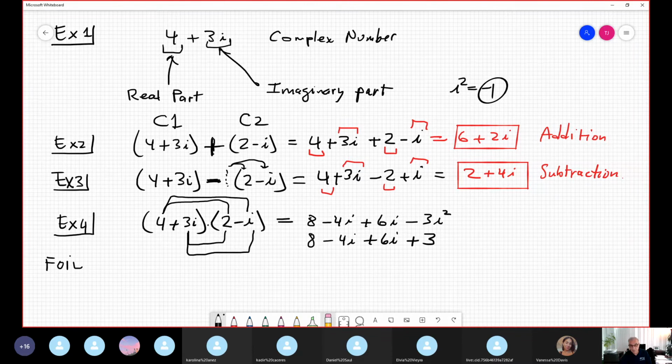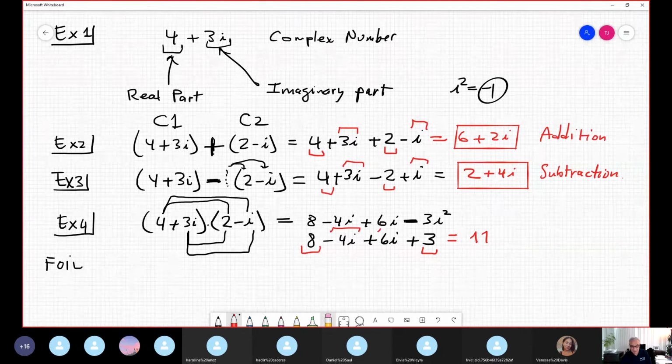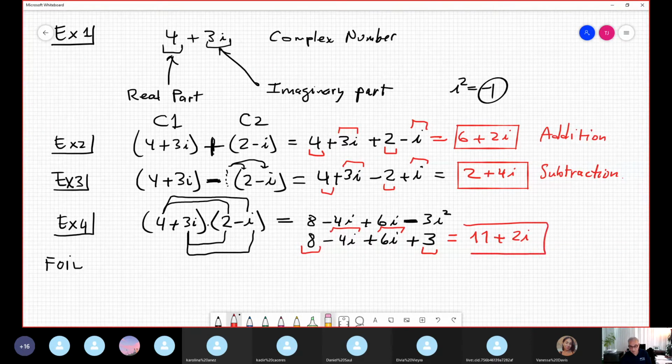Where does this plus come from? This minus and this minus together give me positive. Now I'm ready to combine like terms. 8 plus 3, 11. 4i negative and 6i positive is plus 2i. Final answer, multiplication.